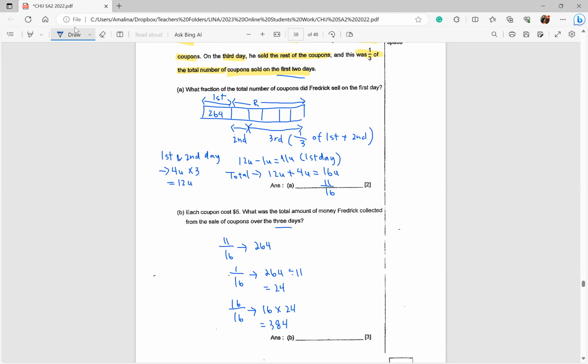But you want to find the money you collected, so I must take 384 times $5, because every one coupon I sell at $5. So I get 1,920.